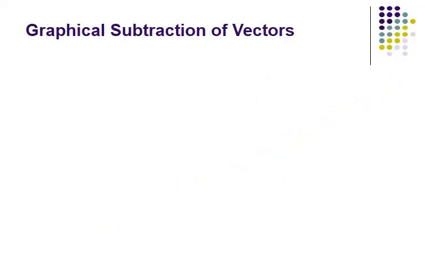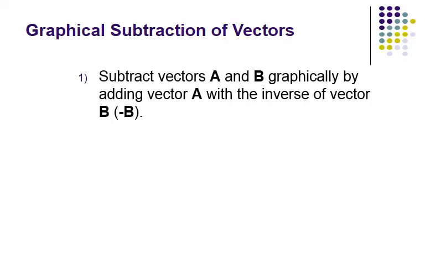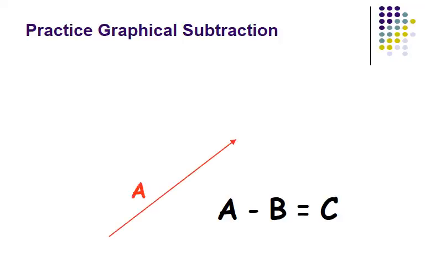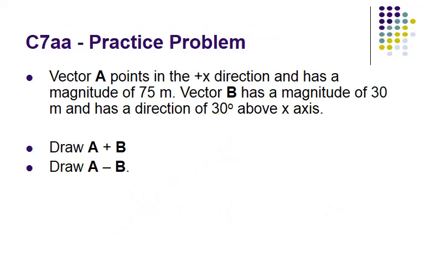Now, what I want you guys to do is add this. You may want to do this on a separate sheet of paper from your notes packet. When we're subtracting the vectors, we're going to invert the vectors, and we've already looked at that, A, and then inverting B to get the resultant. So I want you guys to practice this here and pause the clip and give this a try.